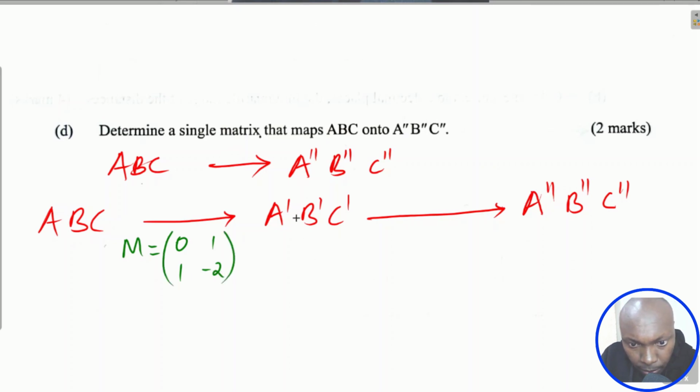Then the other one that mapped A prime, B prime, C prime to A double prime, B double prime, C double prime, we can call that N.